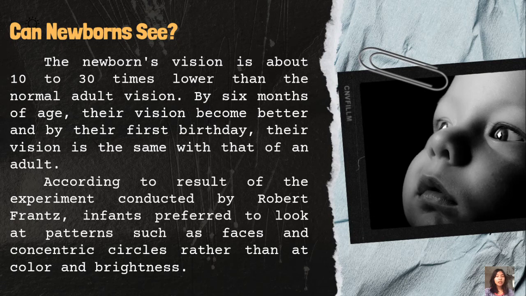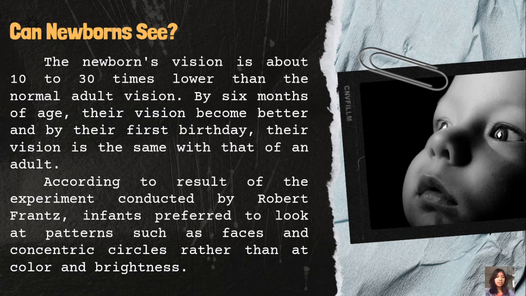So the question is, can newborns see? The vision of a newborn is around 10 to 30 times worse than that of an adult. Their vision improves by 6 months of age, and by their first birthday, they have the same vision as an adult.